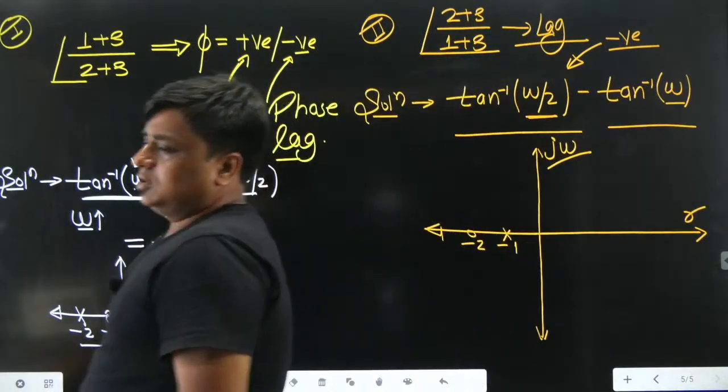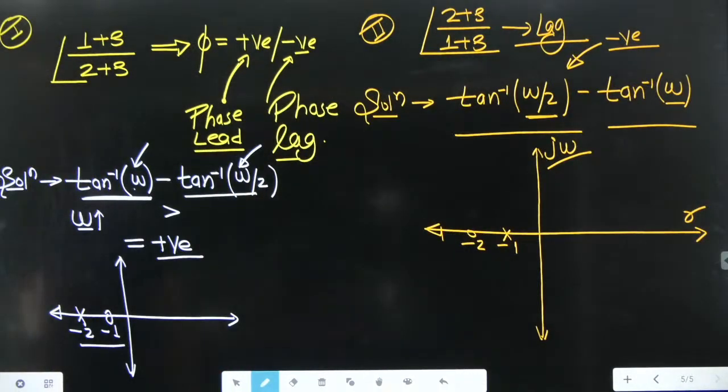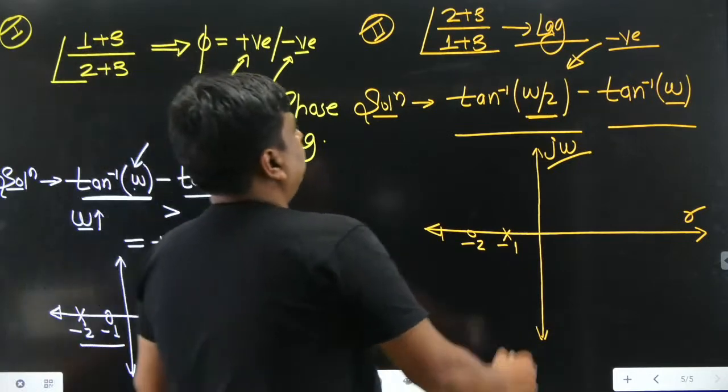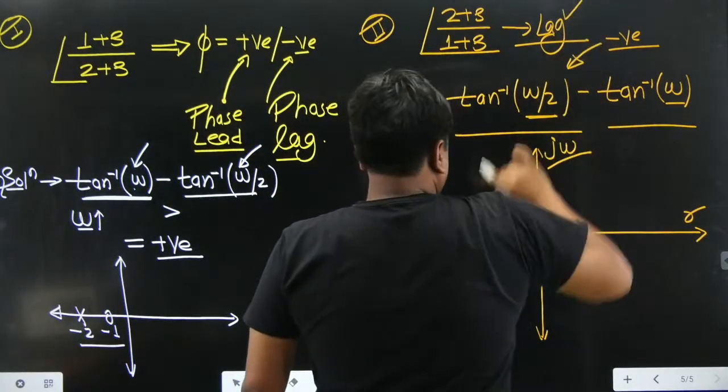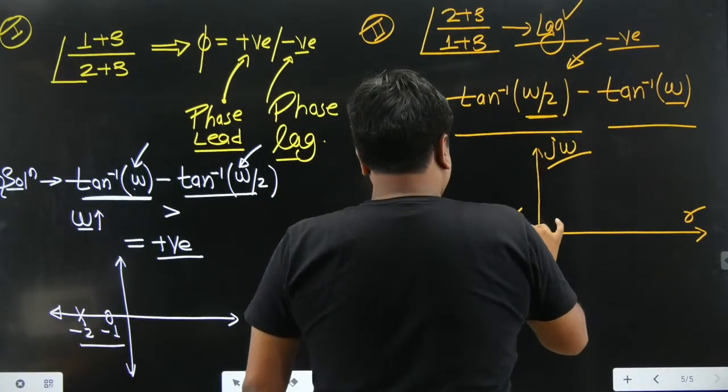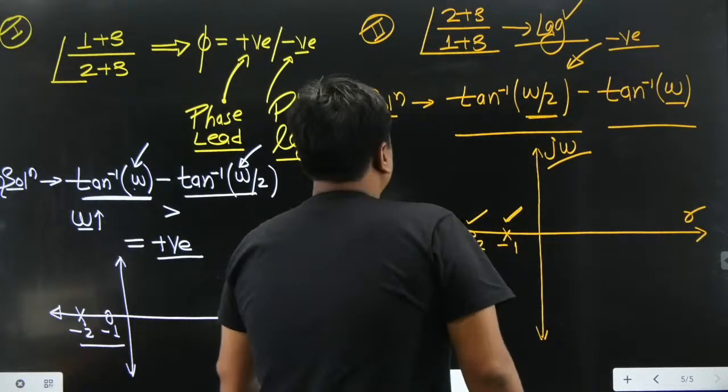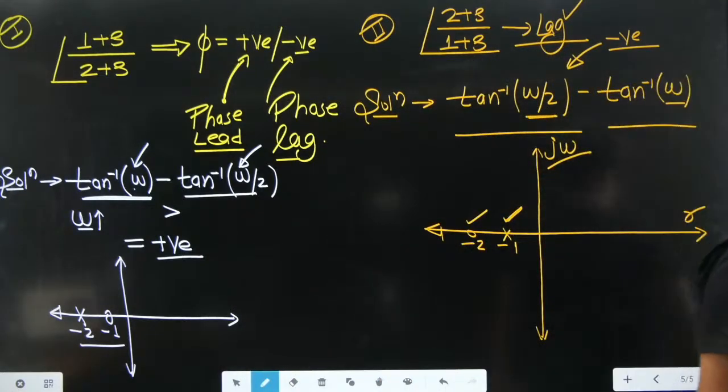One of the important conclusions which we can retrieve out of it is, whenever you have a first order lag network, the pole would always be the dominant one in comparison with the zero. Agreed, no?